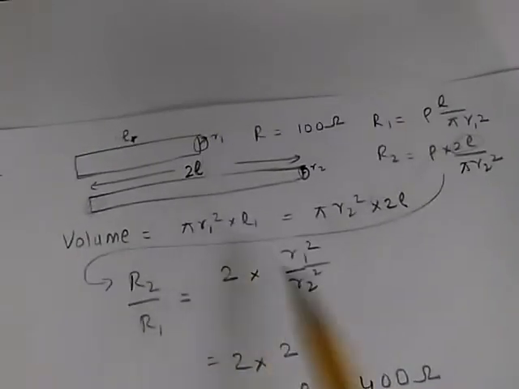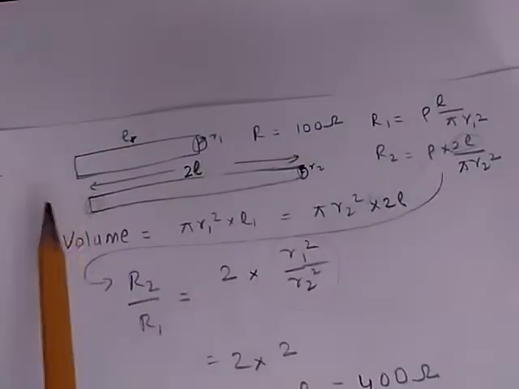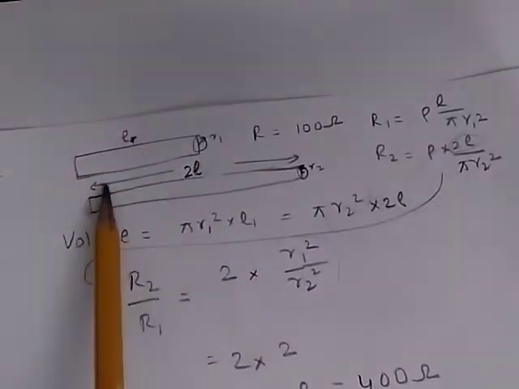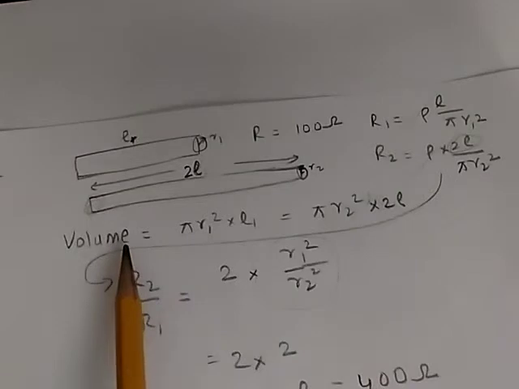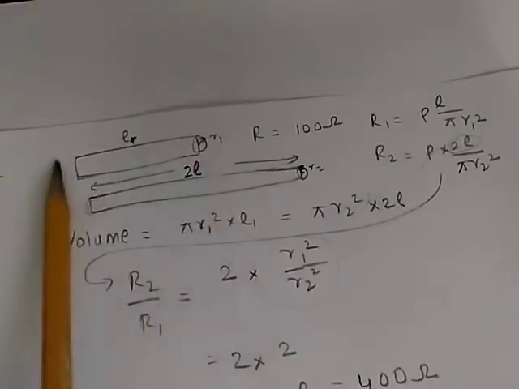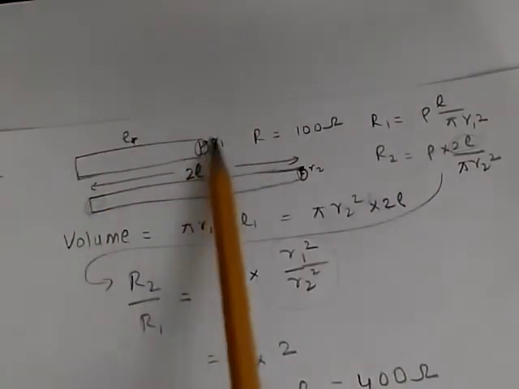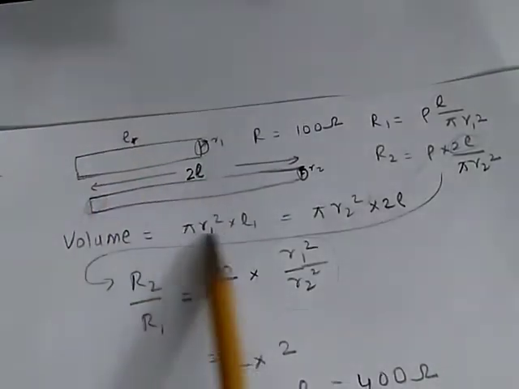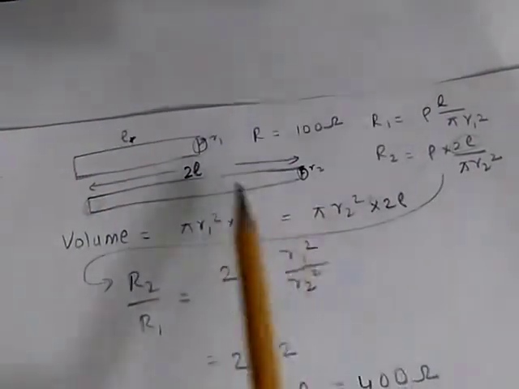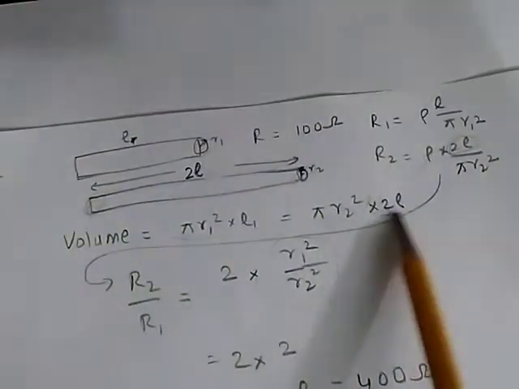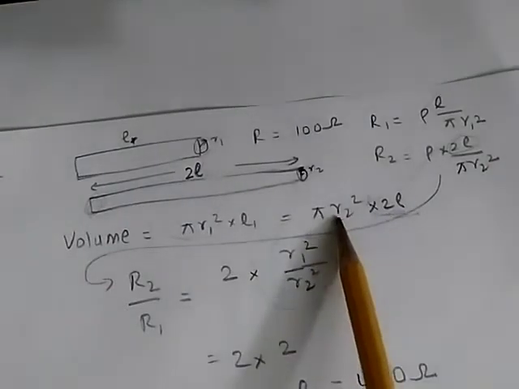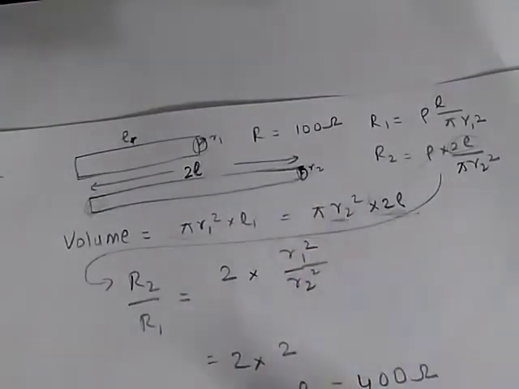We know that the same material is melted and extended, so our volume stays the same. The volume in this case is pi r1 square, the area, multiplied by the length L, and that becomes equal to pi r2 square, the new radius, multiplied by the new length 2L. So the length has increased, and to compensate, r2 will become lower.